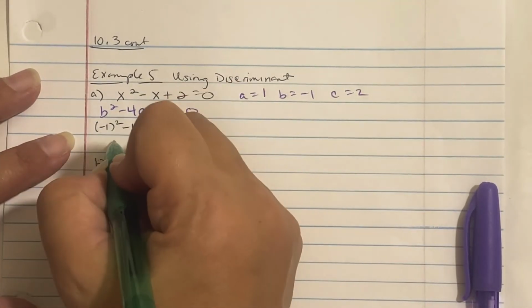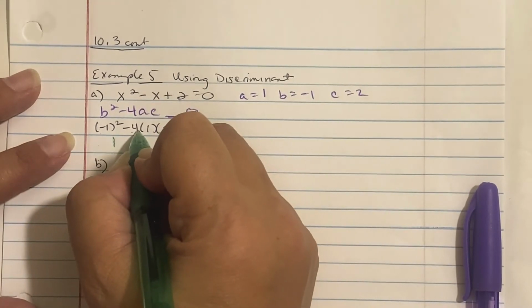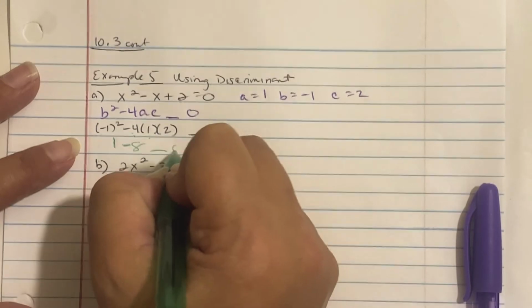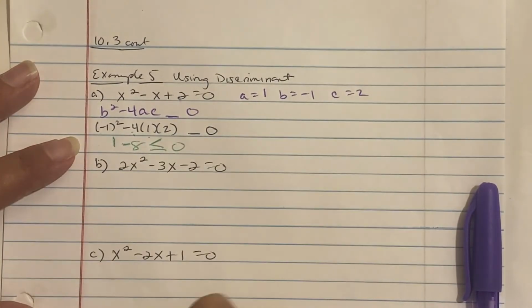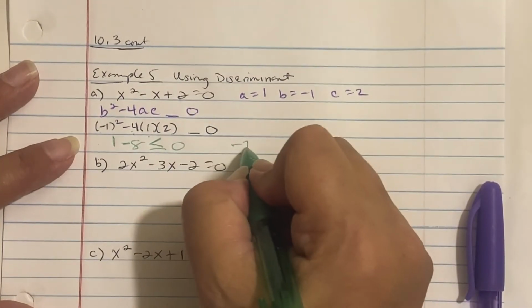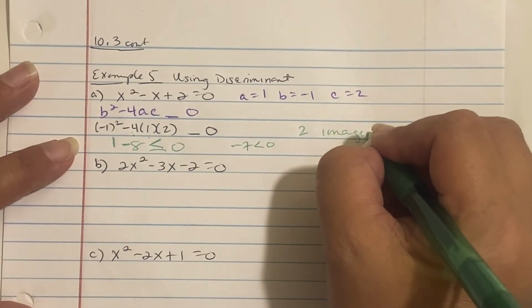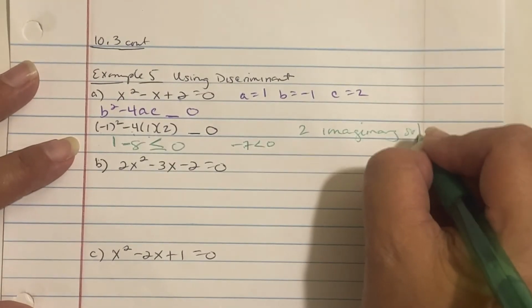Minus 4, -4 times 1 is -4, times 2 is -8. That happens to be smaller than 0 because -7 is smaller than 0. So we have two imaginary solutions.